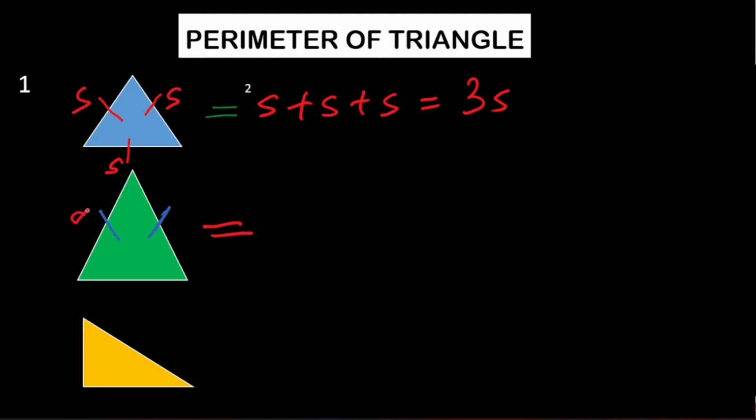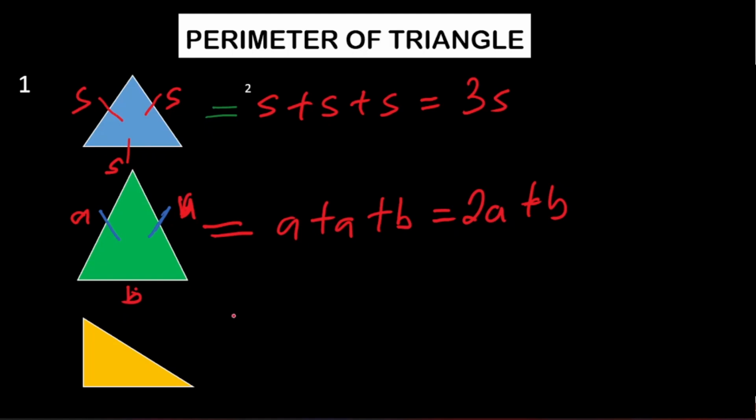If this side is A, this side will also be A, and this will be B. So in this case, that will be A plus A plus B, which is equal to 2A plus B. Now, I'm just naming it with these letters. That doesn't mean that in all the textbooks or in your exam or in your questions, you're going to have this. No, I'm just using A to mean this side, B to mean this side, S to mean this side. I hope that is clear. So that is that on this one.